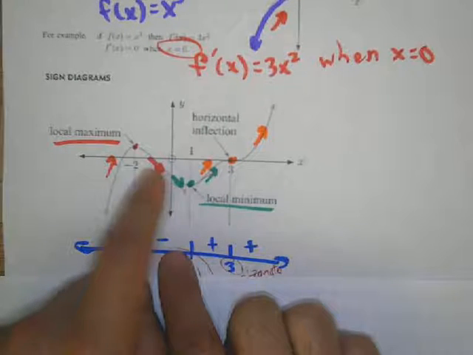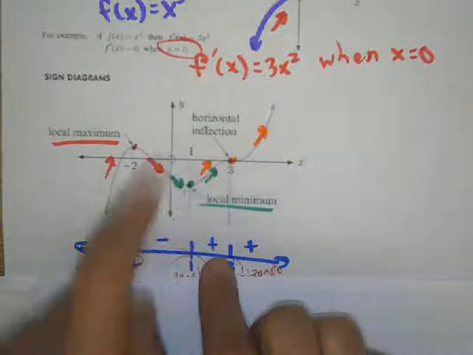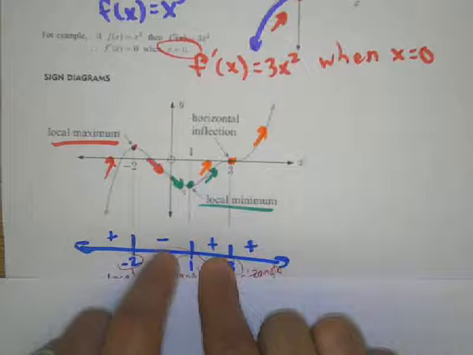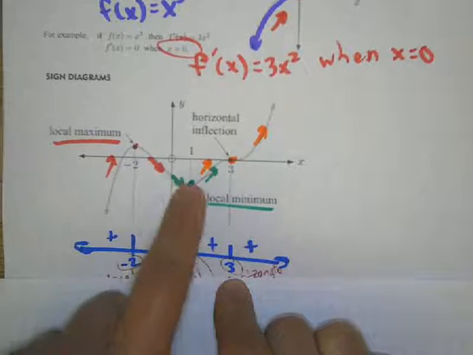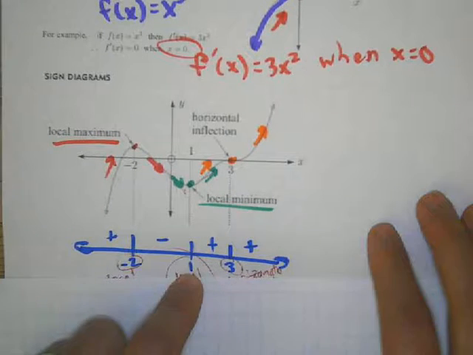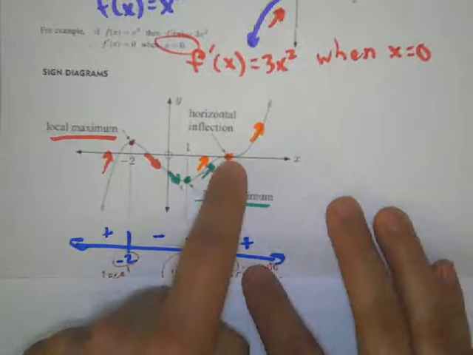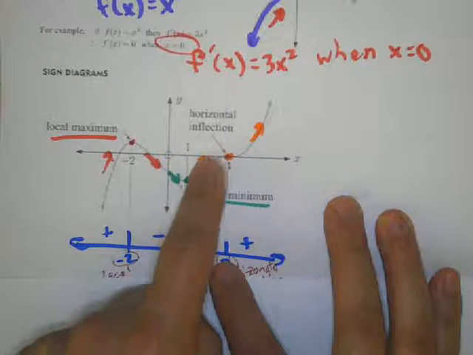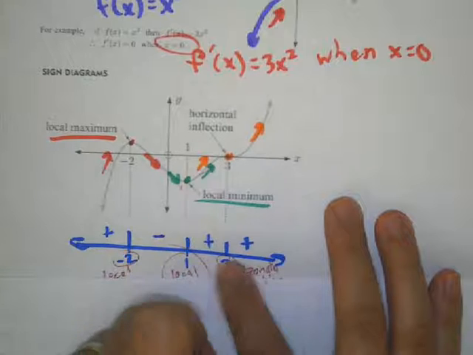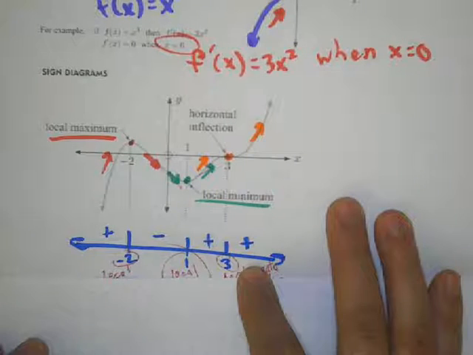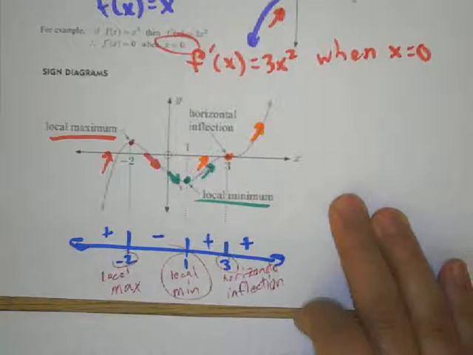If I've got a negative slope and then a positive slope, the value of the derivative is going to be negative, and then it goes to positive, and at 1, the value is 0. And then here at 3, we have a positive slope, the derivative is positive, and then the derivative is positive again, so there we have a horizontal inflection point.